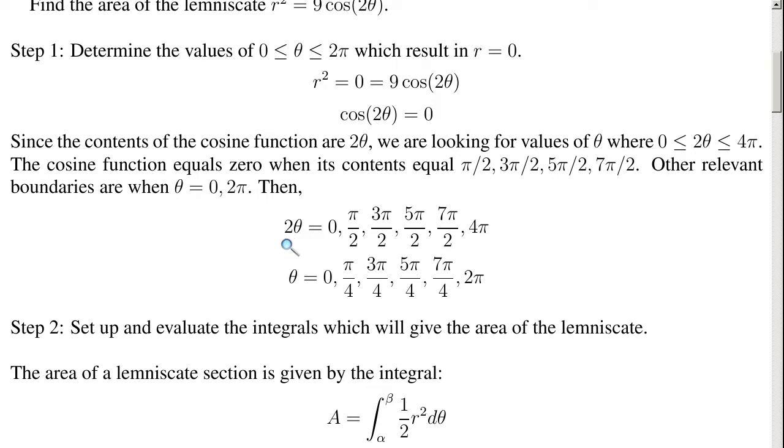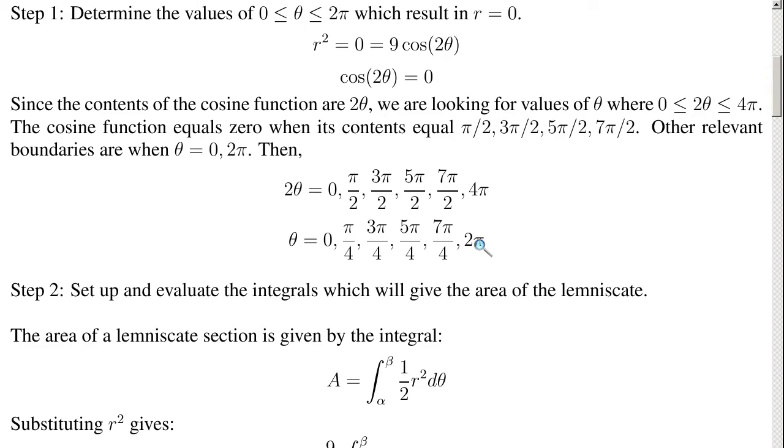2 theta is equal to 0, pi over 2, 3 pi over 2, 5 pi over 2, and 7 pi over 2. But since theta equals 2 pi is also a boundary, 2 theta is also going to equal 4 pi.